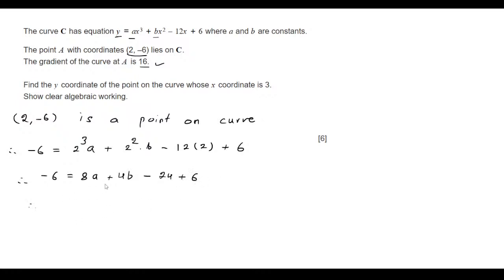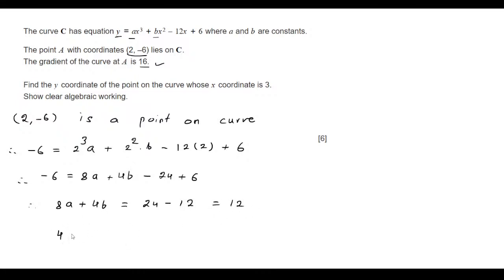So I have 8a plus 4b is equal to, now this 24 will move to the other side and become plus, and this 6 will move and become minus 6. So -6 minus 6 is -12. So this is 12. This is my one equation.